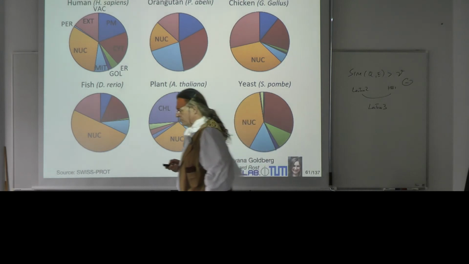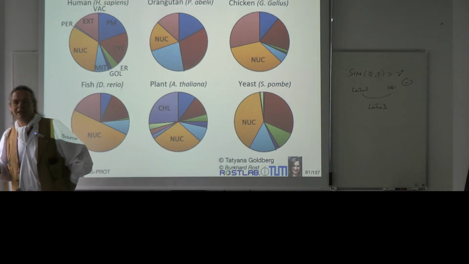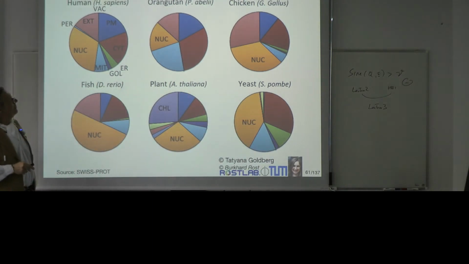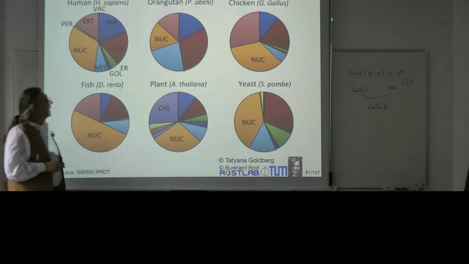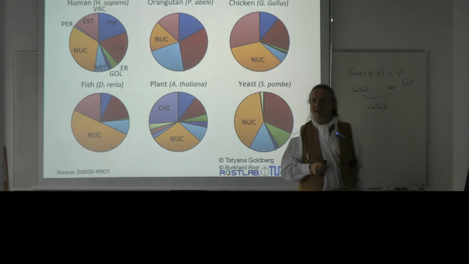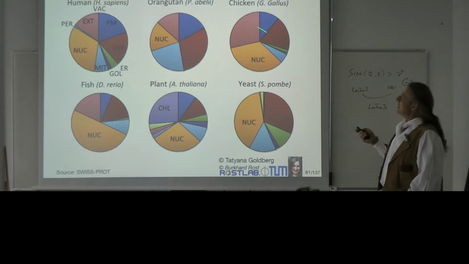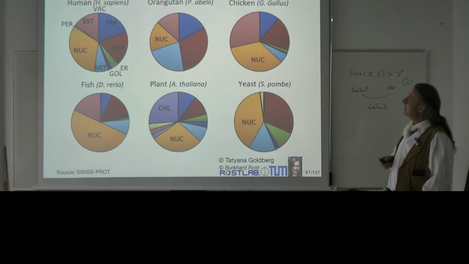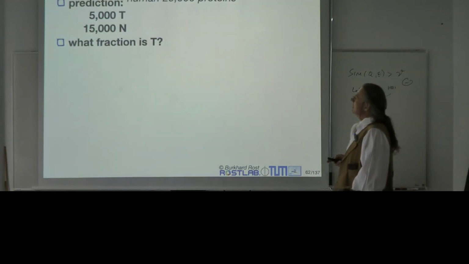Now, we don't like to be more similar to a chicken than to an orangutan, most of us at least. So, okay, this is because the guy who was sequenced here had chicken. Now, anyway, what? Ate too much chicken. But so you see all kinds of interesting things.